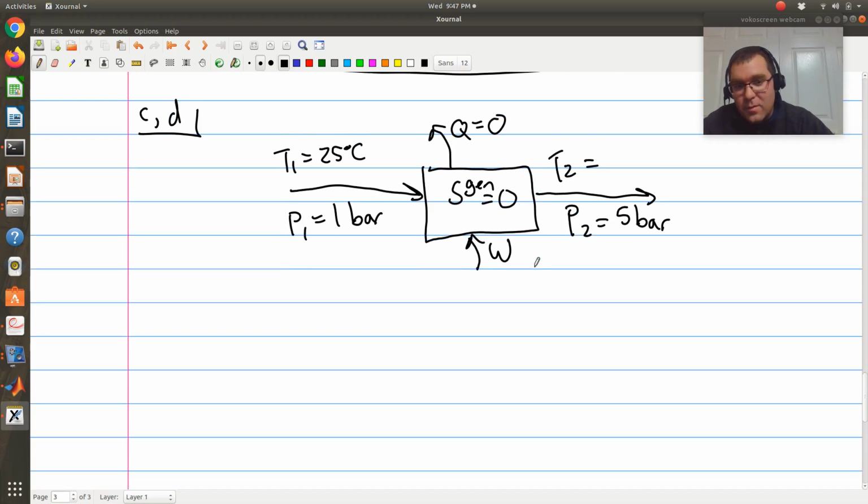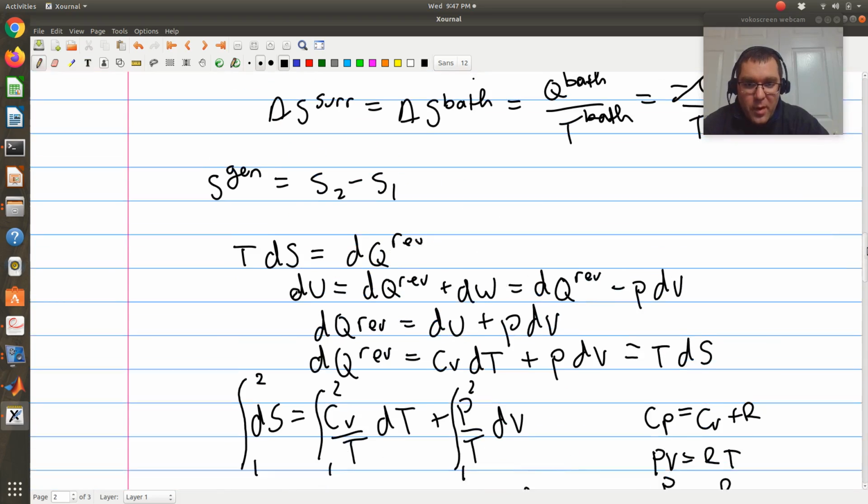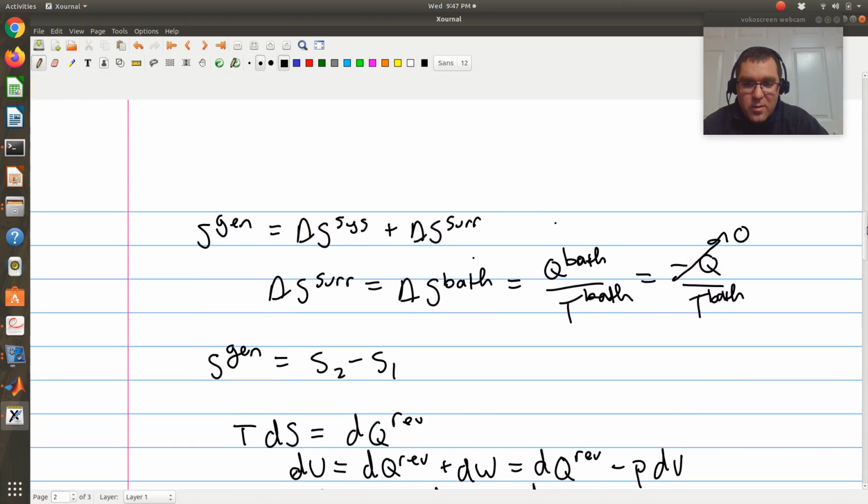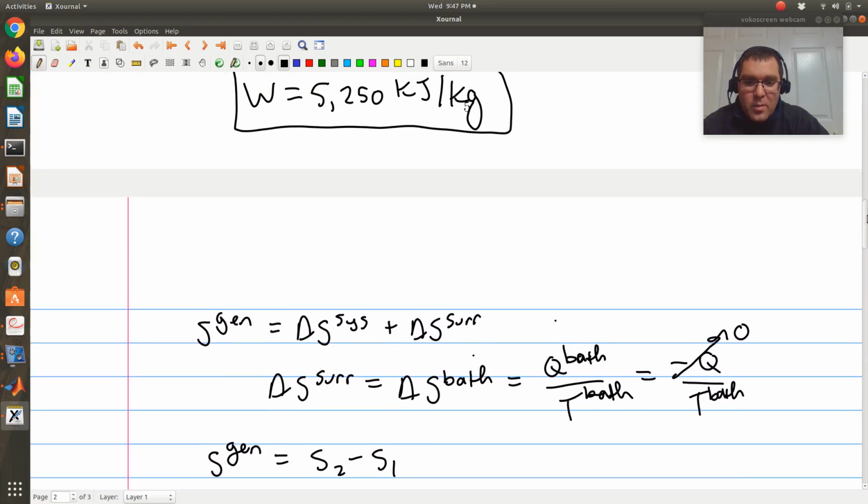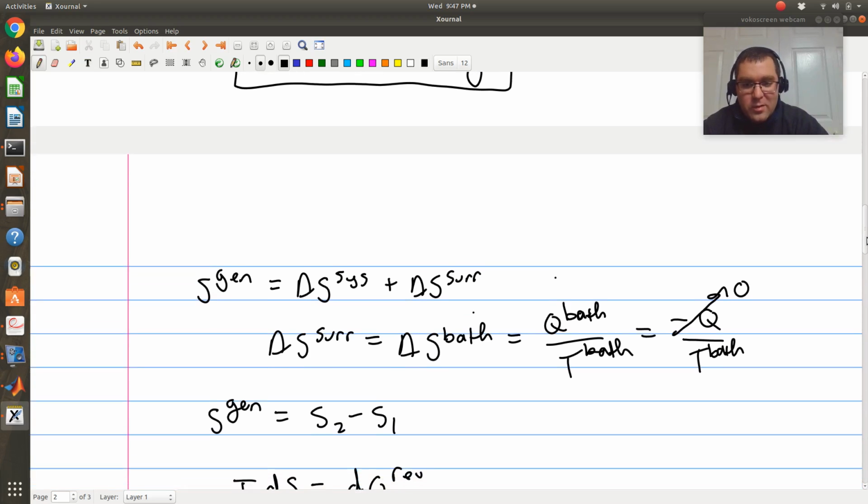So I'm going to start with my entropy balance, and I'm going to borrow a lot from what we did just here. We had that the entropy of our surroundings is 0 because our system is well insulated, so there's no heat exchange between my system and surroundings.